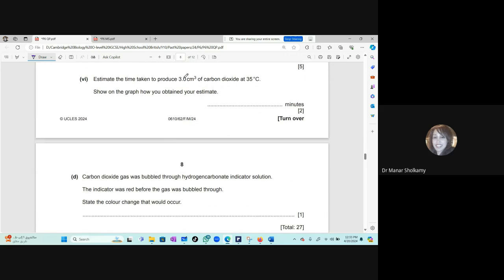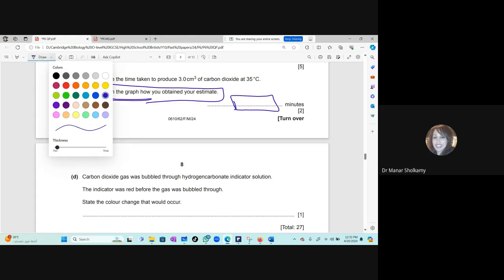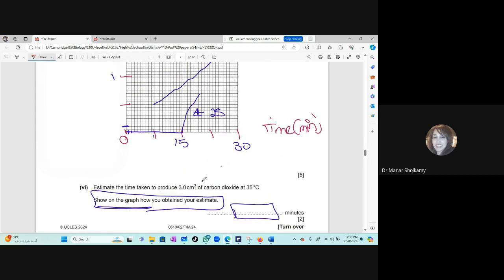Estimate the time taken to produce 3 centimeter cubed of carbon dioxide at 35 degrees. Show on the graph how you obtained your estimate. So if you do not show on the graph, you do not get a grade, even if you give me a correct estimate. So how do you show on the graph? After you finish your graph nicely, you will go to the graph and you will go to 30.